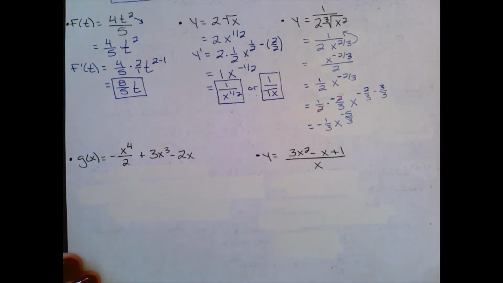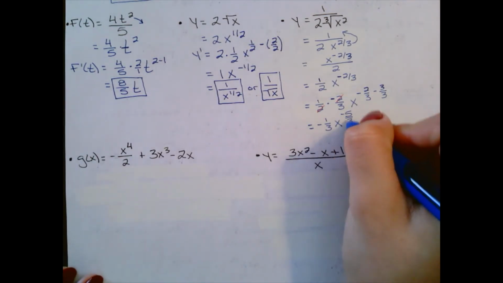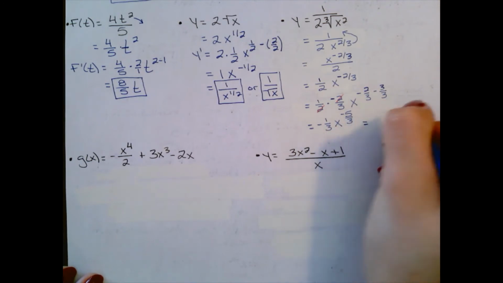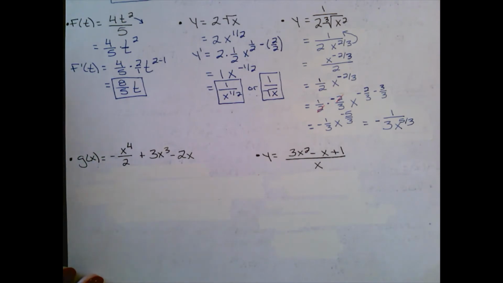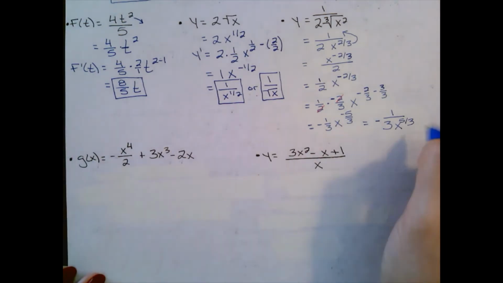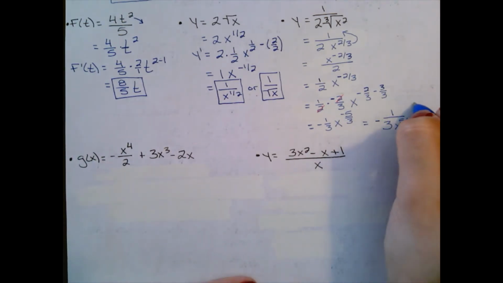So that means I'm going to move it up. I'm sorry, move it down. It's already up. So we're going to write that as negative 1 over 3 x raised to 5 over 3. Okay? And we can leave it just like that.